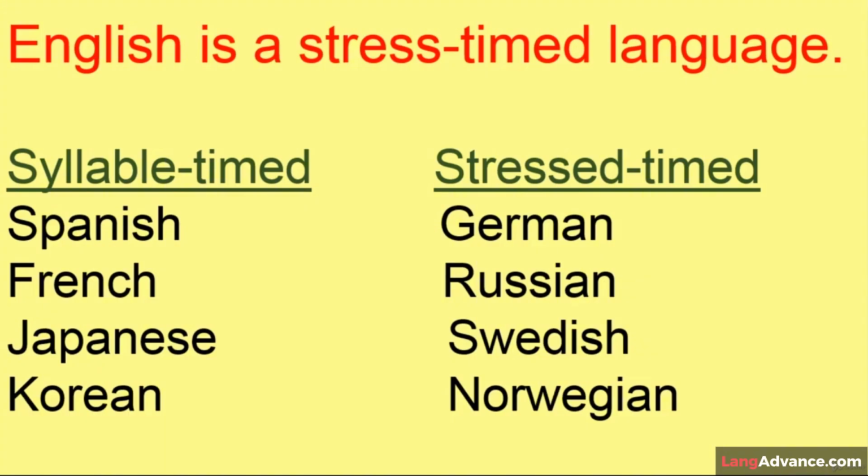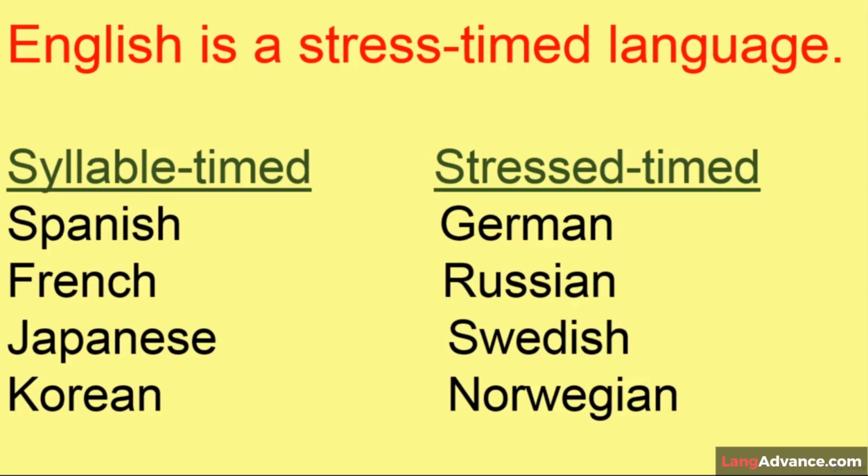As you recall, all languages have rhythm, but rhythm is not used in the same way among all languages. When talking about rhythm in language, we can divide languages into two groups: syllable-timed languages and stress-timed languages. In syllable-timed languages, the rhythm is fairly regular, and each syllable lasts about the same length of time.